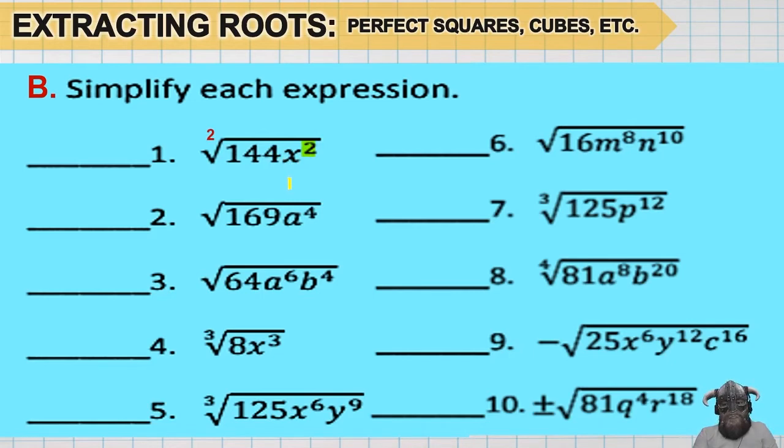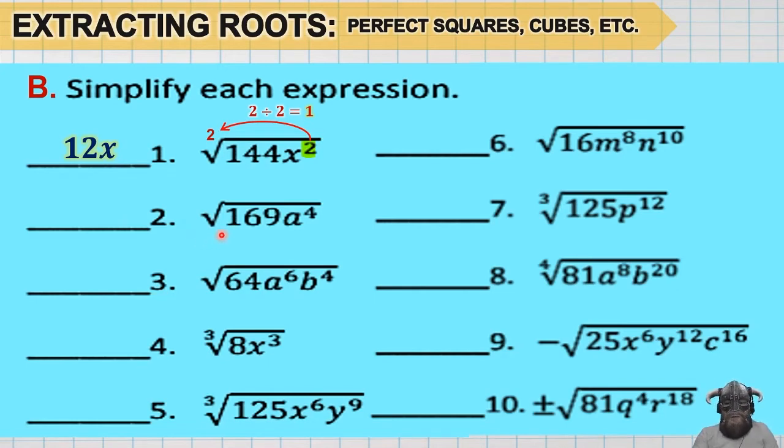So, nilagay ko na dyan yung index natin. Because this one is square root, ang index natin ay 2. Then, we divide 2 divided by 2. The exponent is equal to 1. At yung 1 ay ang gagamitin natin as the exponent of x on our answer. So, the answer will just be 12x raised to 1. At dahil 1 naman yung exponent na yan, kahit hindi na natin siya isulat.